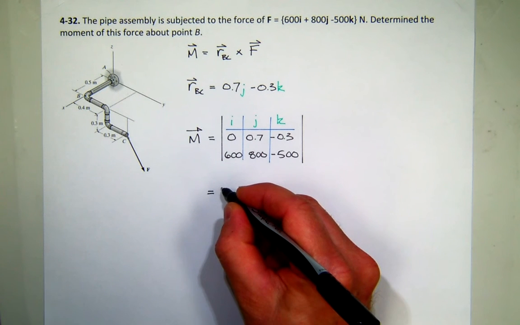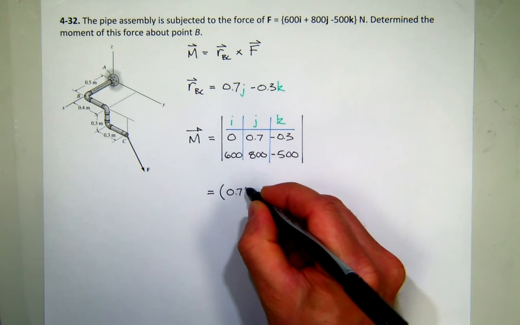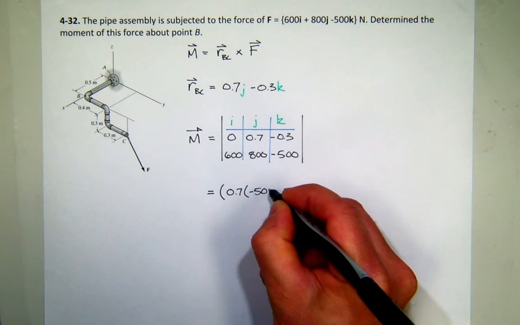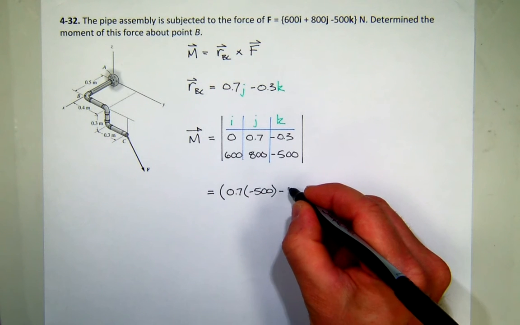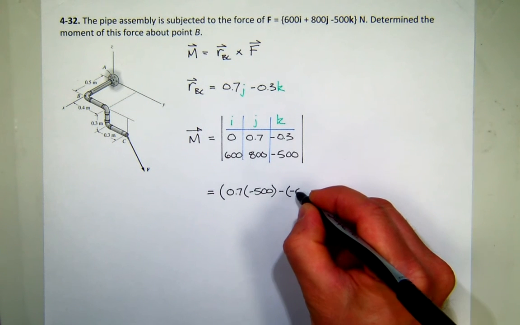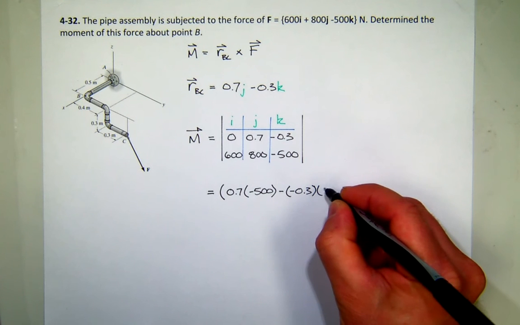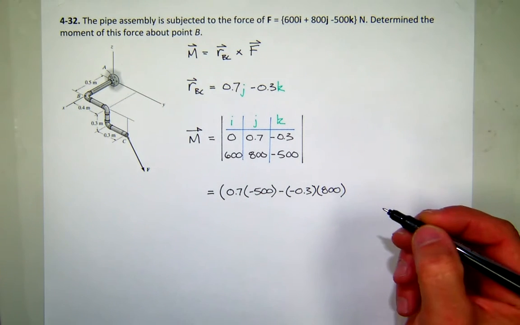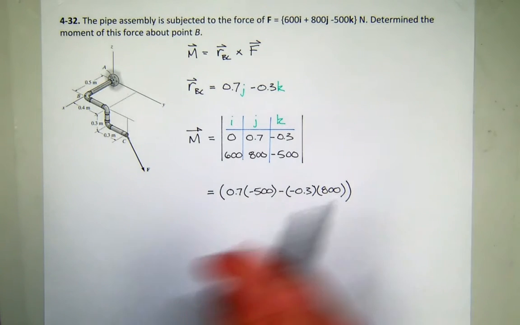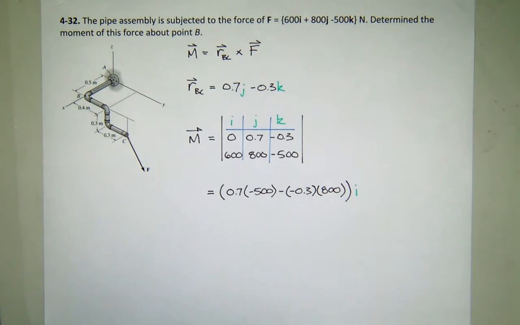So the first term will be 0.7 times minus 500 minus negative 0.3 times 800, and all of that is going to be on the I component.